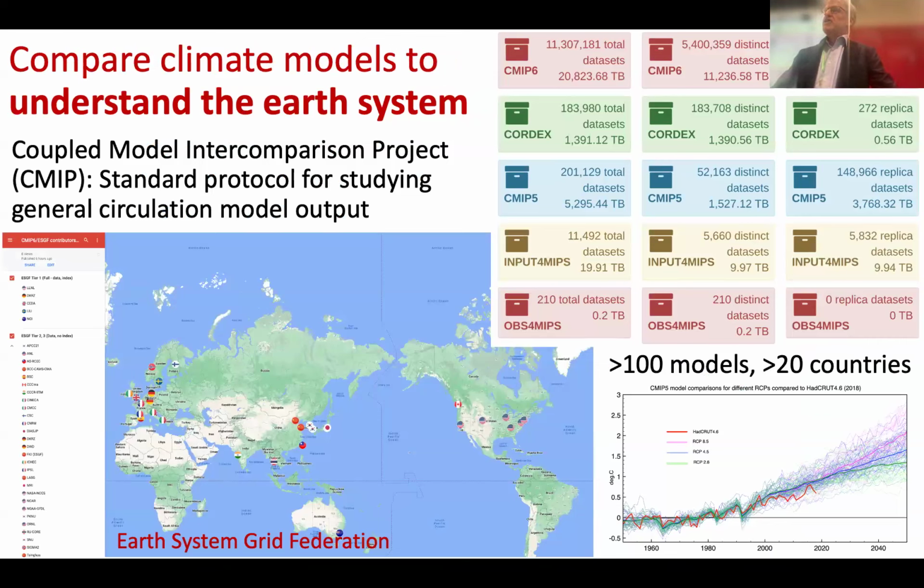We're engaged in a project called the Earth System Grid Federation, which has been going now for more than 10 years, collecting data from climate models at different locations around the world, more than 100 models, bringing them together, and then comparing their results in order to obtain at least some sort of estimate of the uncertainty in our estimates of future climate change under different scenarios.